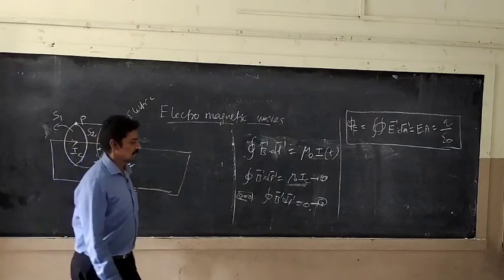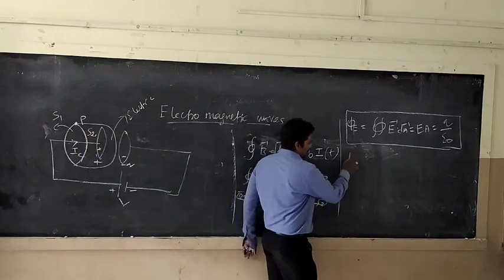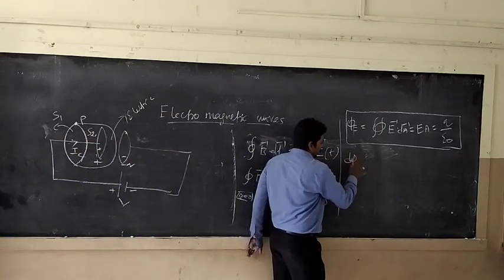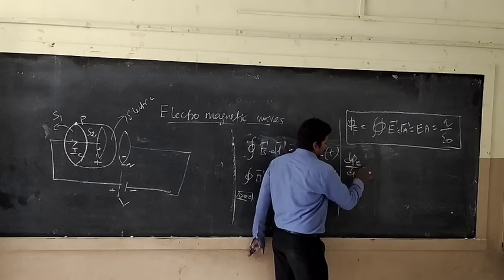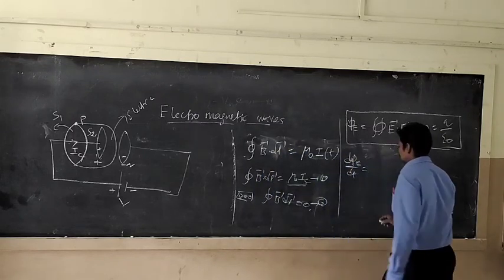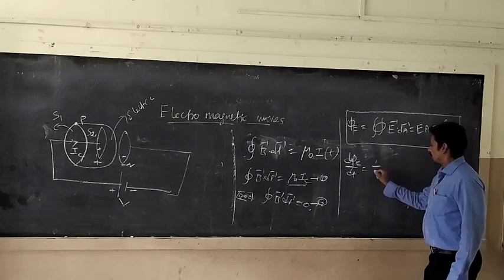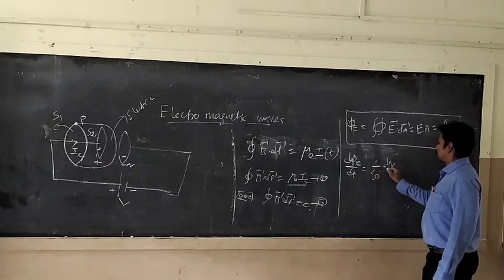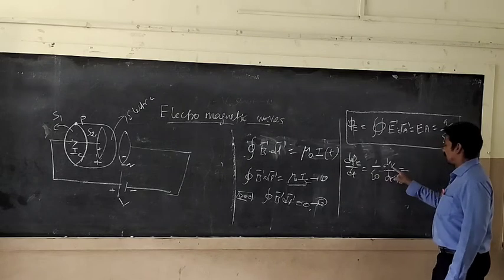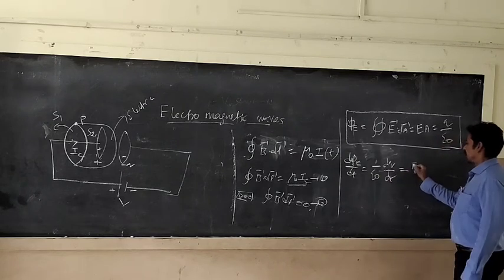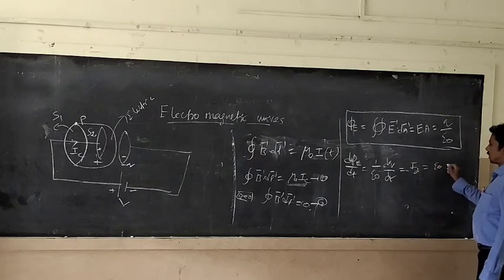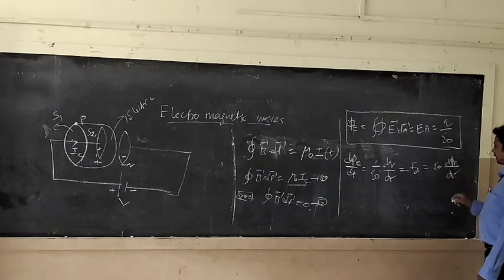Change in electric flux: d phi E by dt is equal to 1 by epsilon naught dq by dt. We know that dq by dt means current, so id is equal to epsilon naught d phi E by dt.